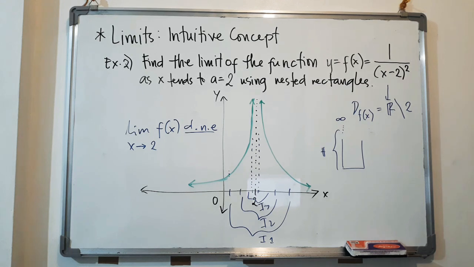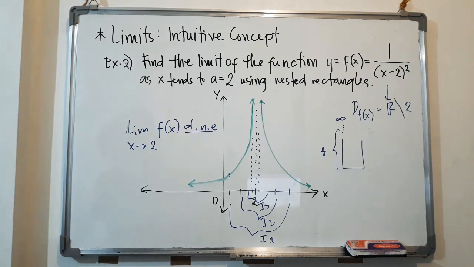Why does it not exist? Because we cannot bound the graph of f by nested rectangles. So take away, the limit exists.